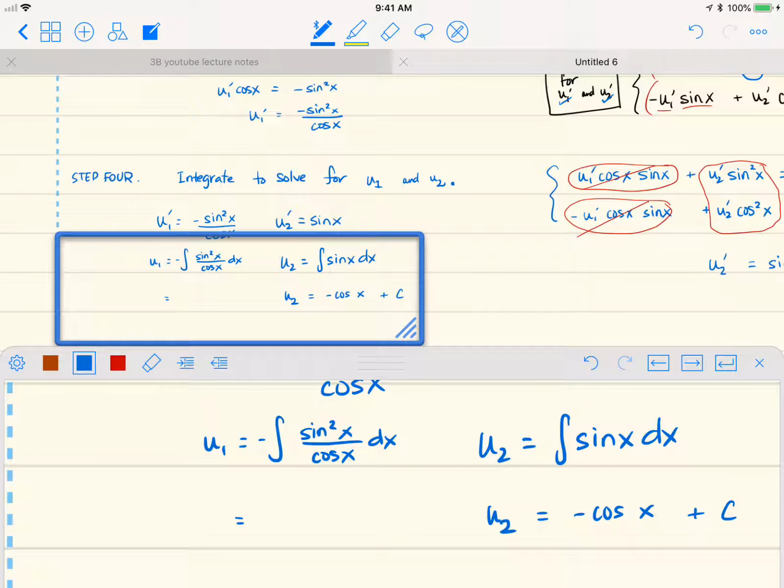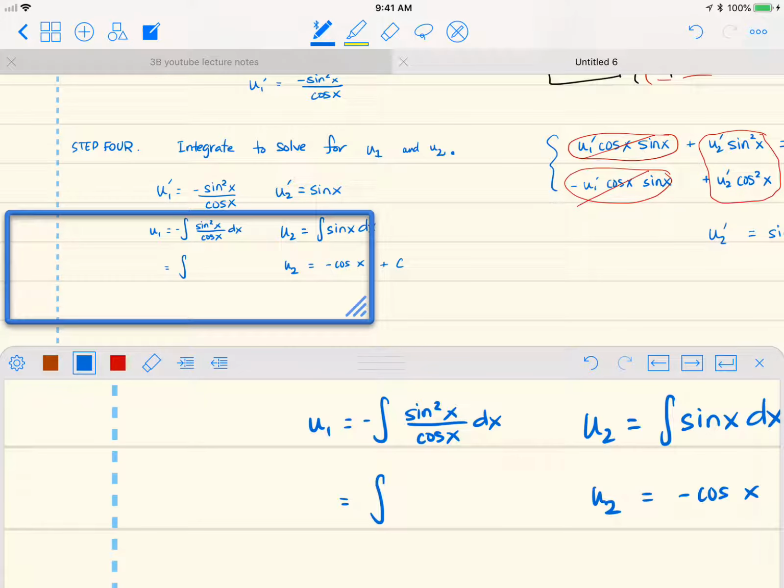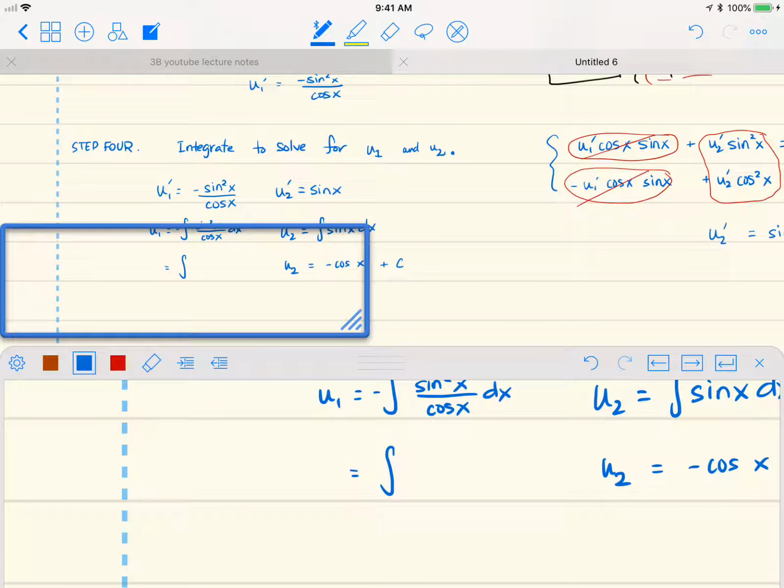And now the key here is to notice that sine squared x over cosine x is really equal to, let's see here. We've got a couple of options. I'm going to go to the side. So sine squared x over cosine x.